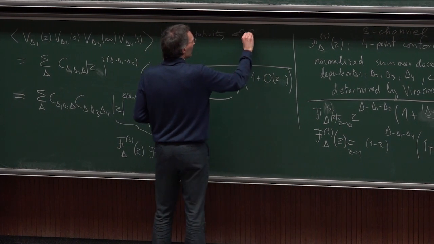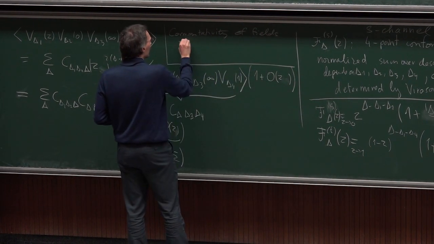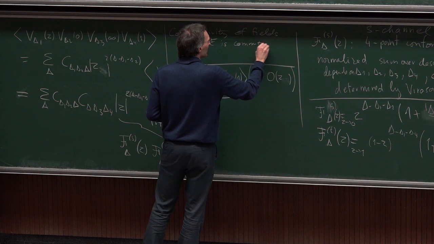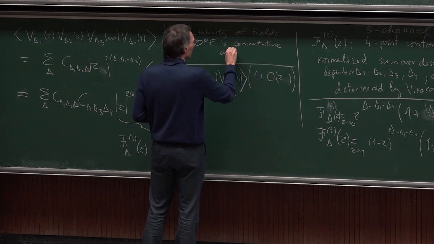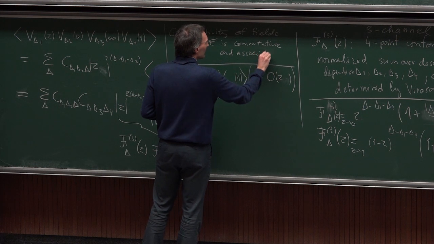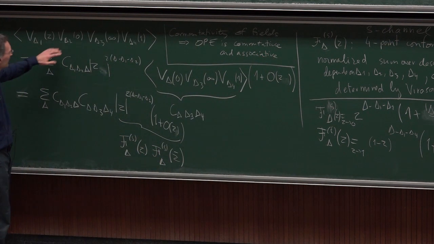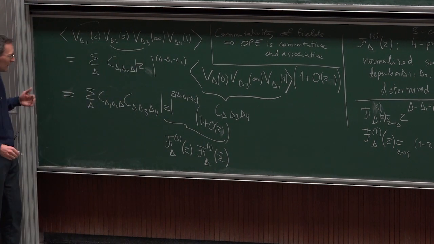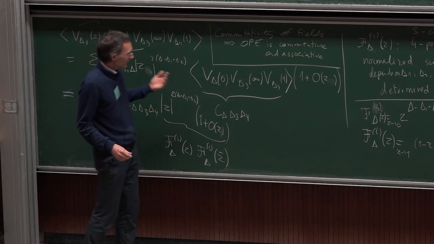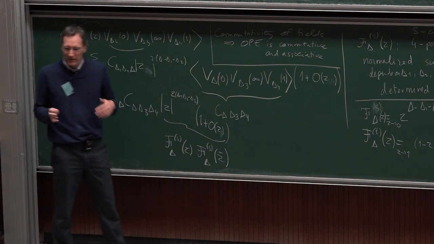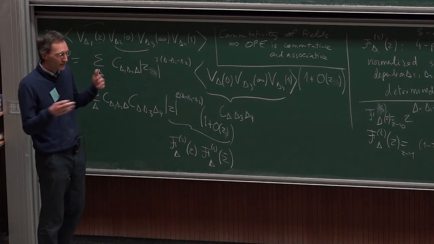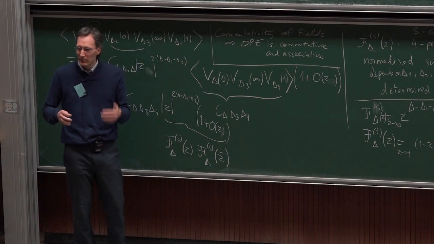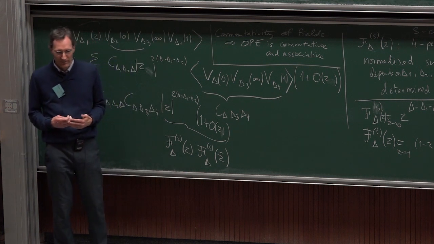The commutativity of fields implies that the OPE should also be commutative and associative. Associativity just means that I could do this operator product expansion, or I can do this one, and the result would be the same. But once you know that the operator product expansion is associative, then it's fairly clear that you can consistently compute an n-point function, and that the result does not depend on the order of the operator product expansions.